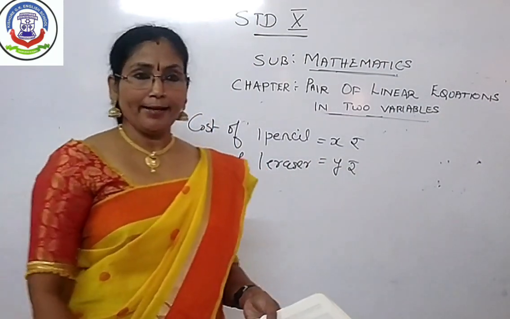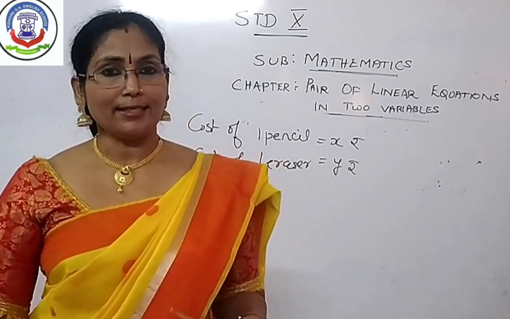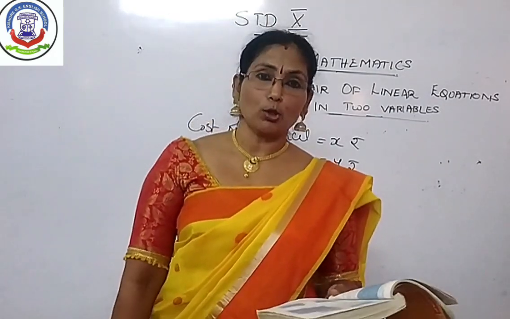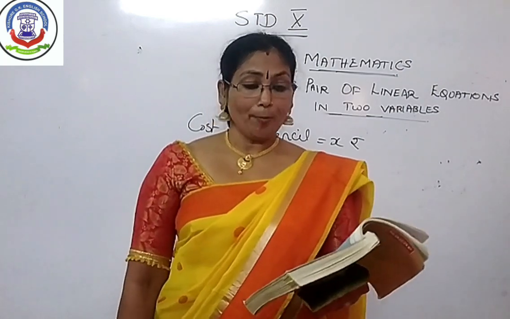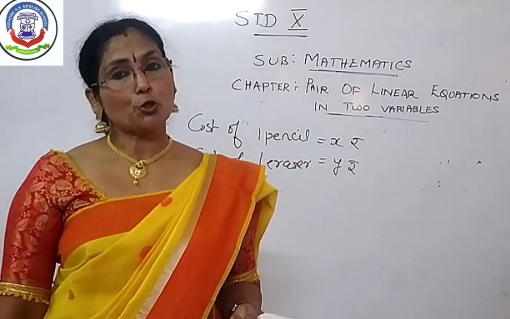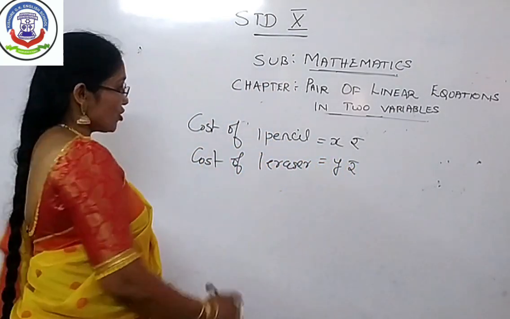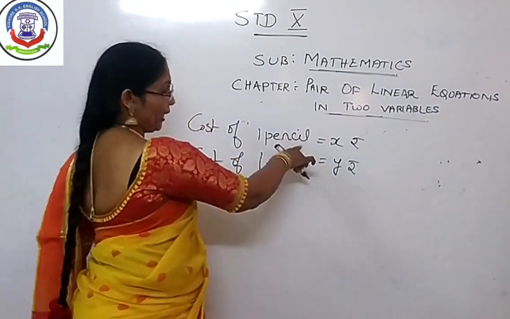Okay, we are taking the cost of 1 pencil as X and the cost of 1 eraser as Y rupees. Now how many pencils did she purchase? 2 pencils, so the cost will be 2x.